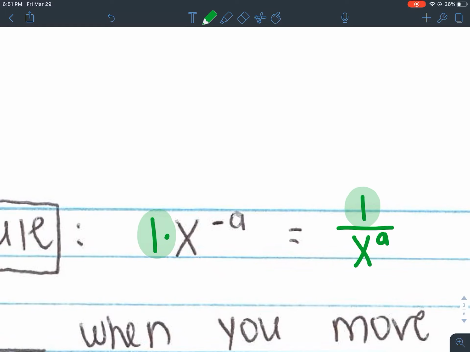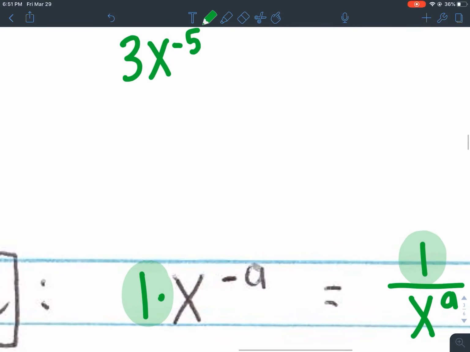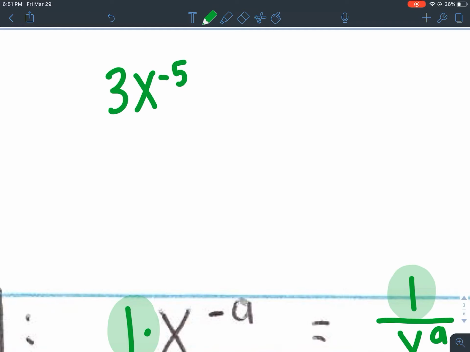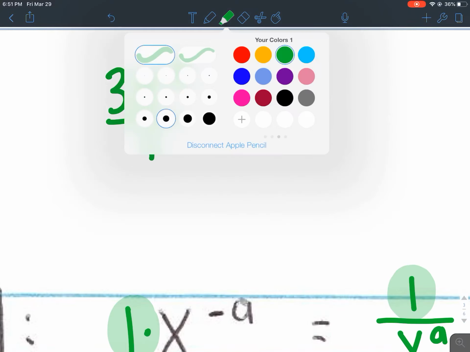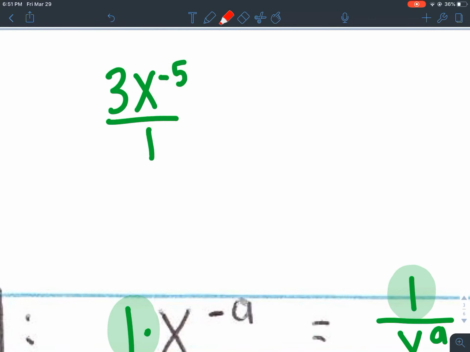So let's say, for example, I have 3x to the negative 5, okay? Now, I can't have negative exponents. For something to be considered simplified, you cannot have negative exponents. So this is technically over 1, okay? I need to move just this x.